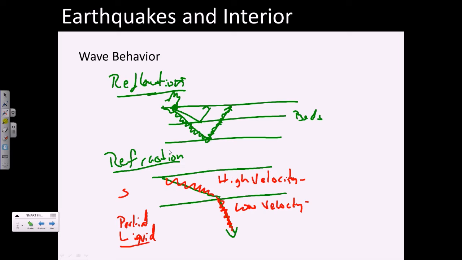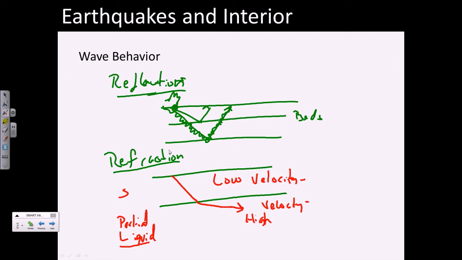If we take this and erase it, another response is to transition in a different way. And so if we have the wave come down like this, and then it is bent more parallel to our bed, in this case, we're going from a low velocity material to a high velocity material. And so we'd have to change the kinds of materials that we had here.